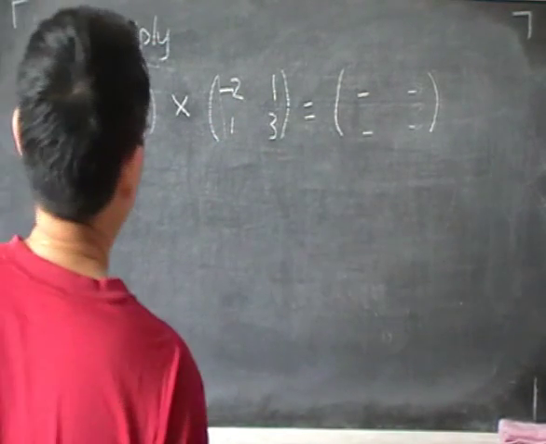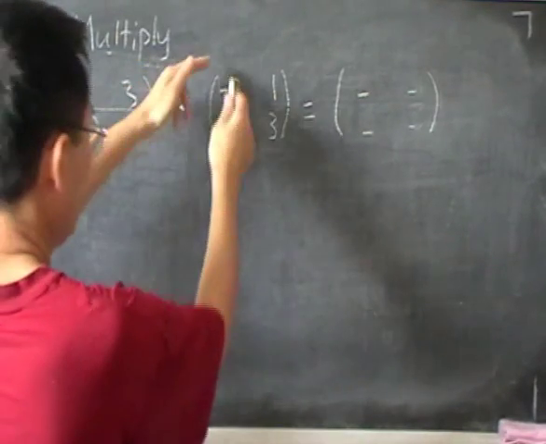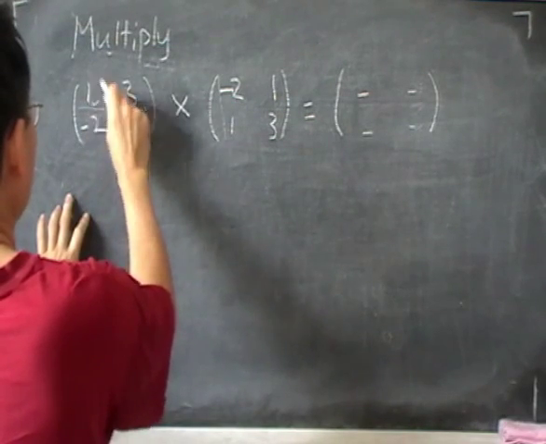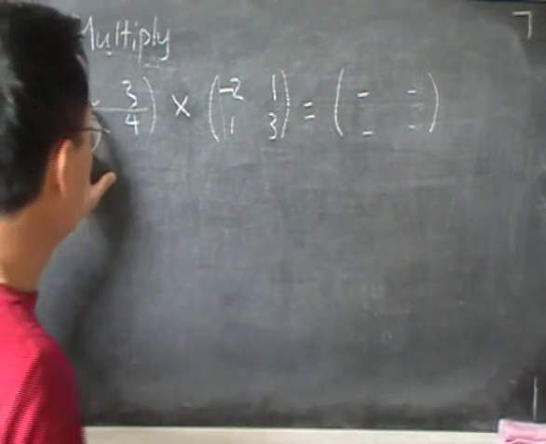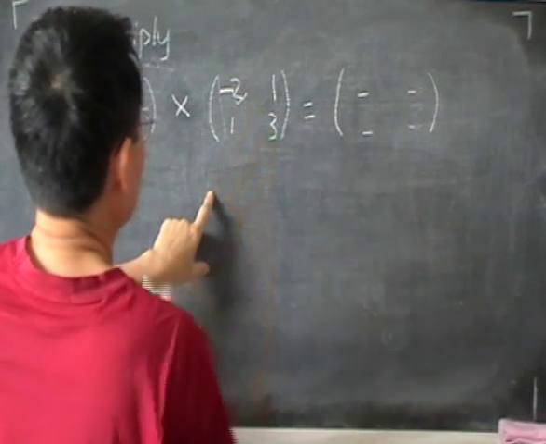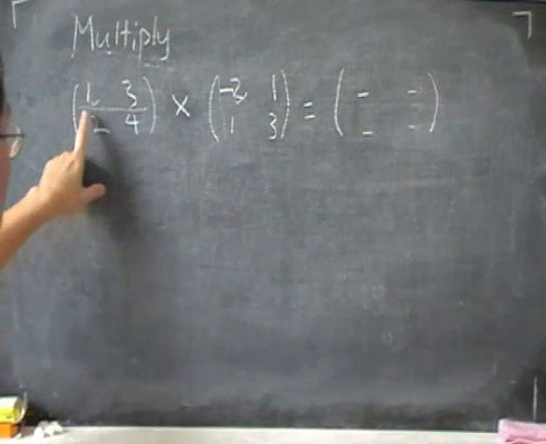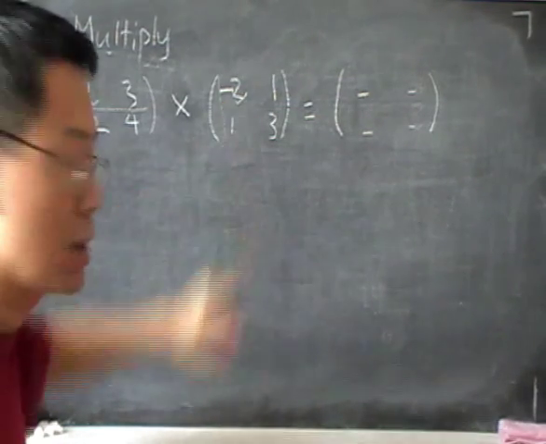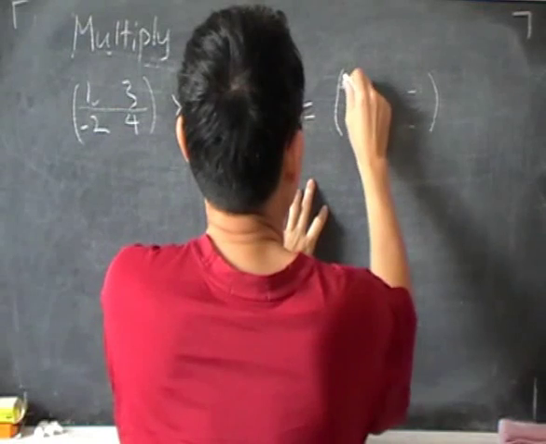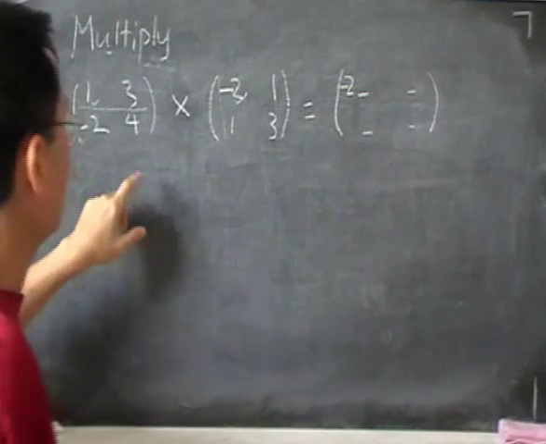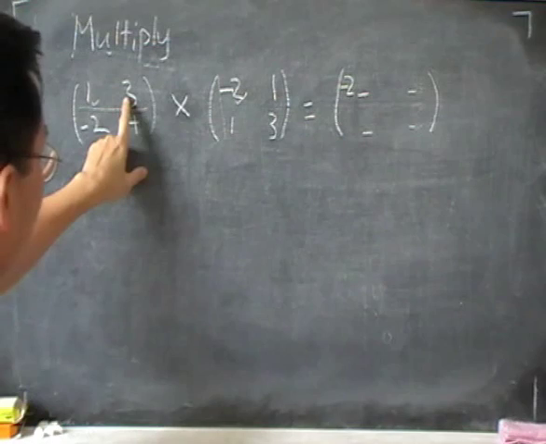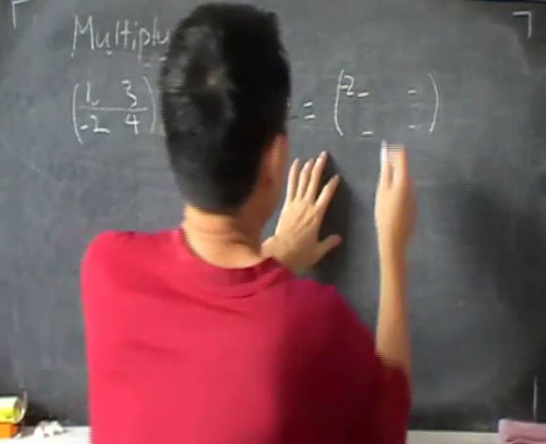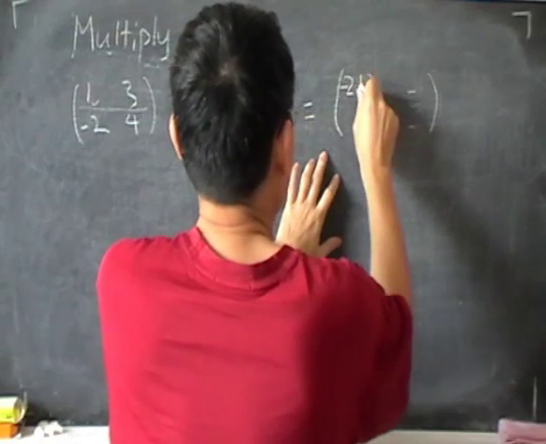Right, and the way to make use of these numbers is that I must take the first number here and multiply by the first number there. So let me do that first. 1 times minus 2, that's minus 2. And then I must take the second number multiplied by the second number. 3 times 1, which is 3. And then I must add them.